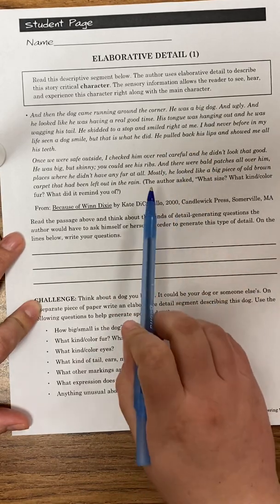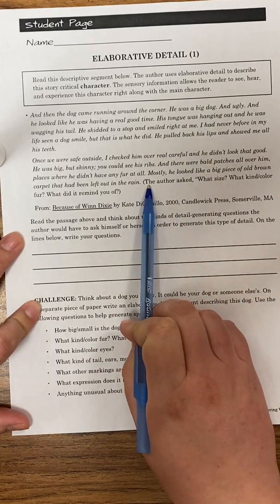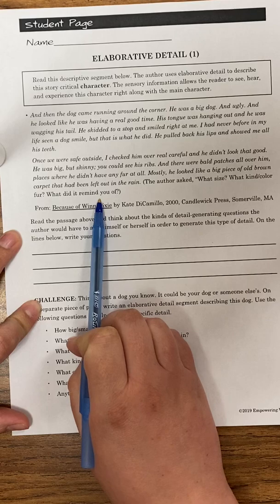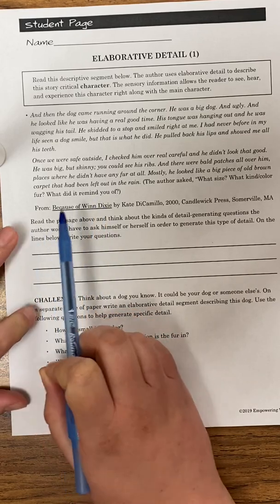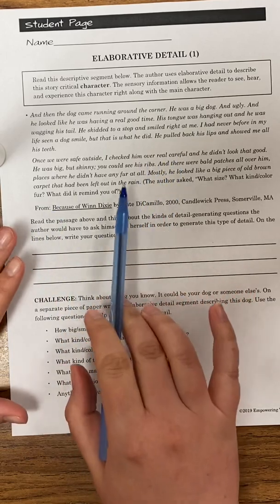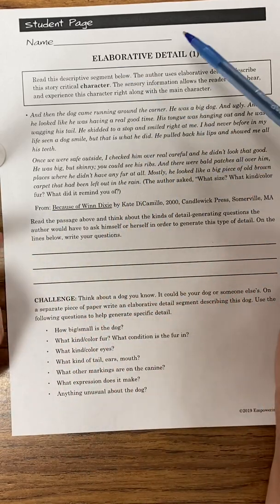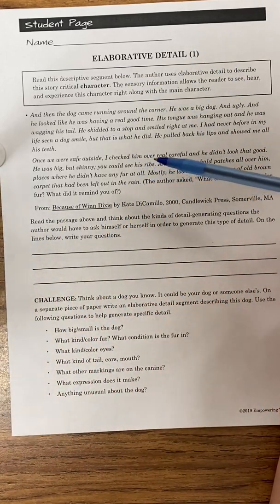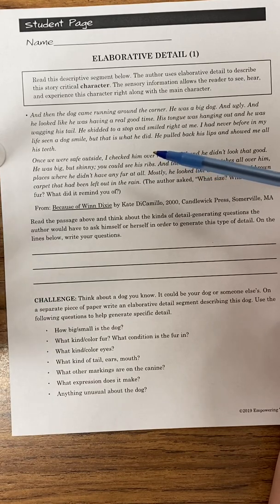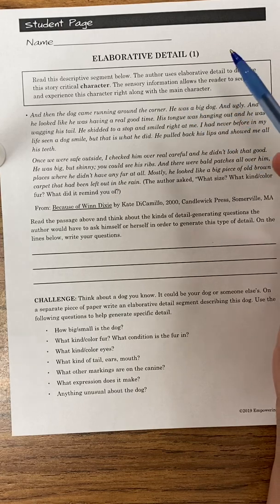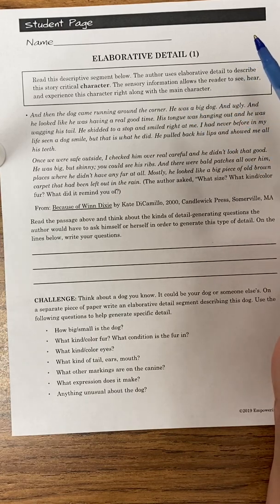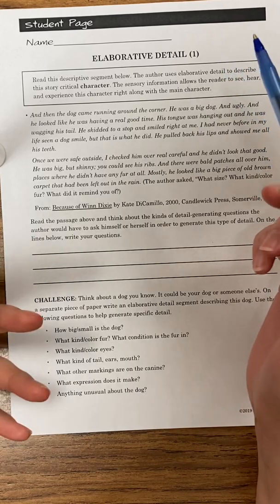Okay, and then this little part right here, asking questions, okay? Actually, I'm going to stop. So boys and girls, when I read this, could you visualize this dog? With all the different details, were you able to visually see what the dog looked like? What did the dog feel like?